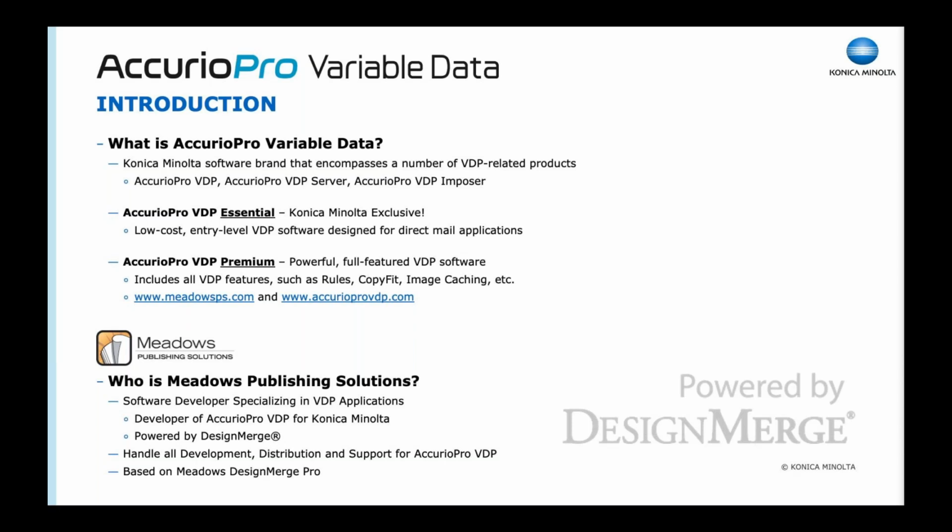So Design Merge is our primary brand. That is a variable data tool. AccurioPro VDP is largely based on Design Merge software. So everything that we're showing today will work with either AccurioPro variable data or also with Design Merge software if we have clients out there that are already using that particular product.